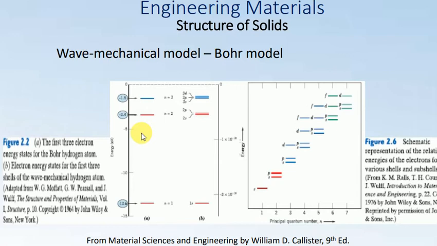This wave mechanical model is characterized by four quantum numbers, 4 parameters that are called quantum numbers, which actually determine size, shape and orientation of electron's probability density for an atom.